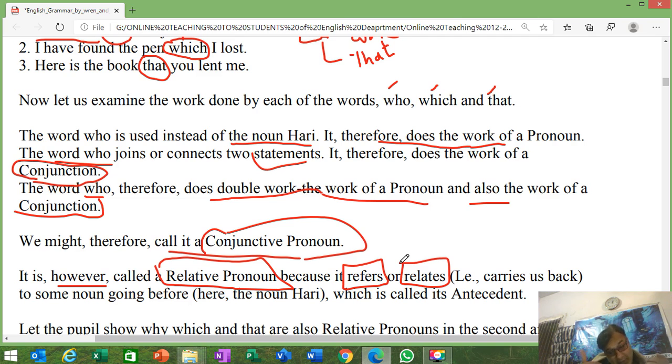So it refers back to the first part of the sentence, and therefore it relates to the previous part of the sentence.